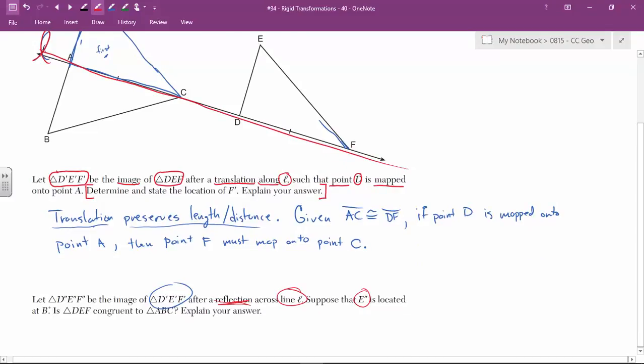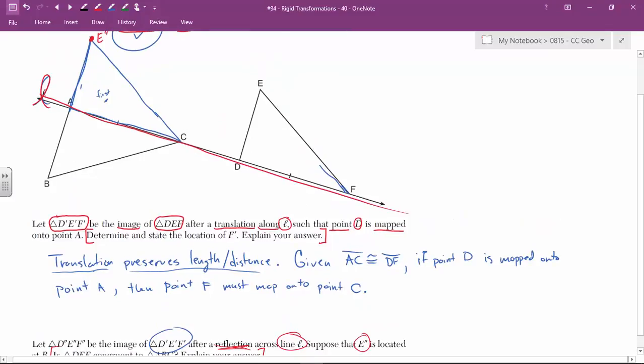They're asking, is triangle DEF congruent to triangle ABC? Yes, it is. When they ask you to prove triangles are congruent, the only tools you have are the congruence postulates: side, side, side; side, angle, side; angle, side, angle; angle, angle, side; or hypotenuse, leg.